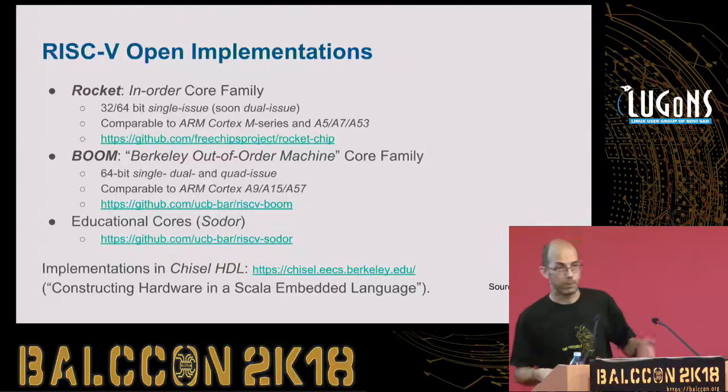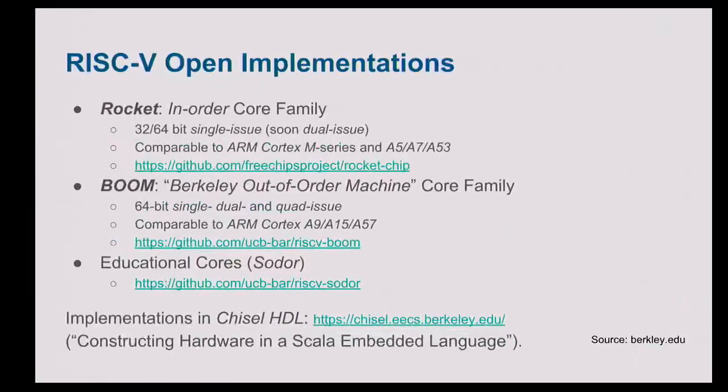So the ISA is open, you can use it, but there are also IP cores which you can use. They are open source. There are two main core families which are open. First one is Rocket. This is the Rocket chip core. This is a 32 or 64-bit single issue core.